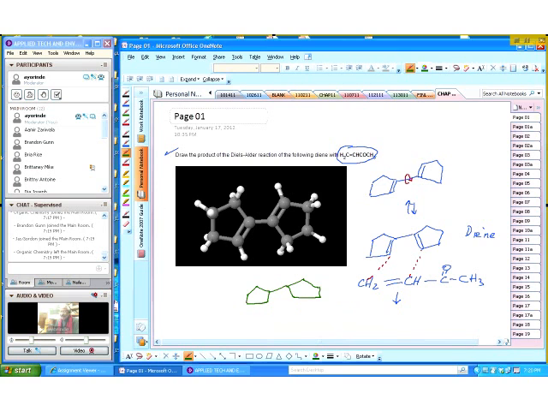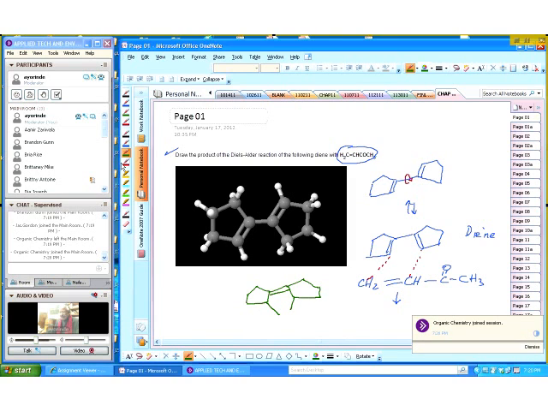Now I am going to use the red. Let me use the red to, of course, show the double bond is now going to be here. Okay, so we are going to join this to this. Let me use a red pen to show the bond from the dienophile.